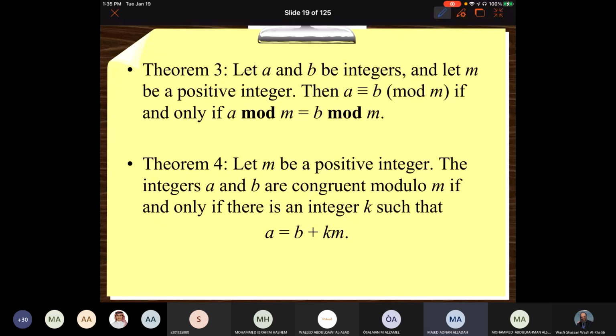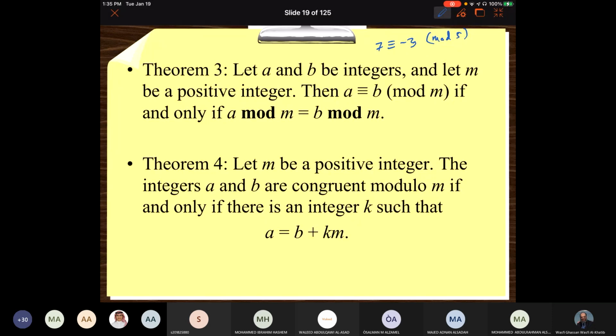Doctor, for A and B, if one of them was negative, should we only take A minus B? Yes, it's always A minus B, even if A was negative. In fact, 7 is congruent to minus 2 mod 5? 7 plus 2 is 9, no, minus 3. 7 is congruent to minus 3 mod 5.